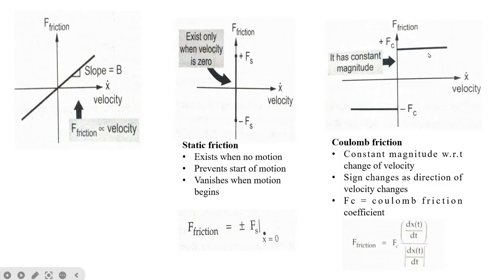So it has a constant magnitude with respect to change in the velocity, and the sign of the direction changes according to the direction of the velocity. Fc here is nothing but the Coulomb friction coefficient, and F friction for the Coulomb friction is given by Fc into dx of t by dt divided by the magnitude of dx of t by dt.